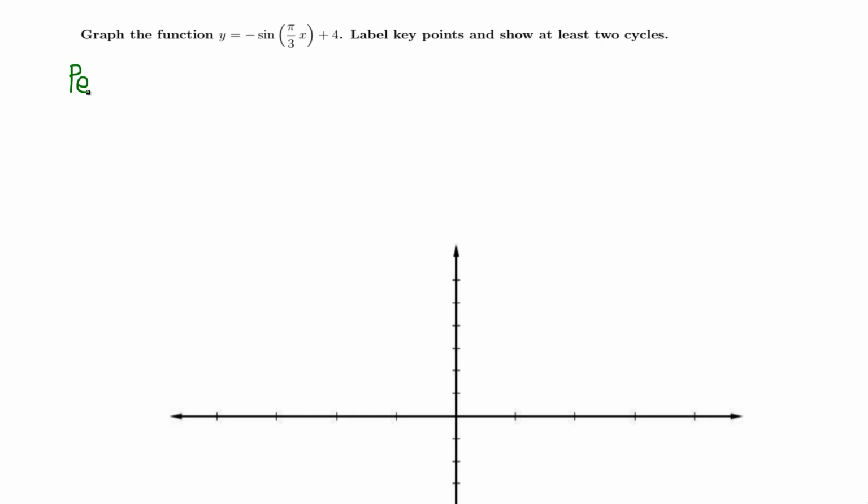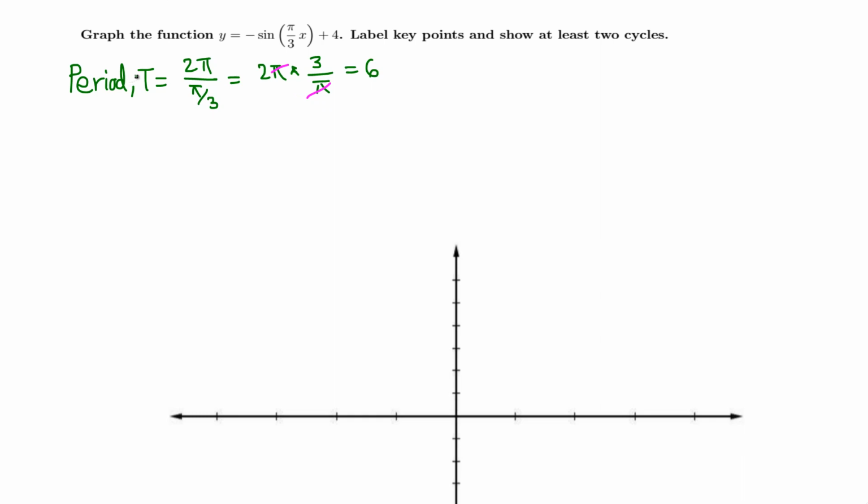Based on that, we can find the period. The period is 2 pi over b, or omega, which here is pi over 3. That means 2 pi times, we flip this fraction, 3 over pi, then we can cancel pi, that leaves 6.